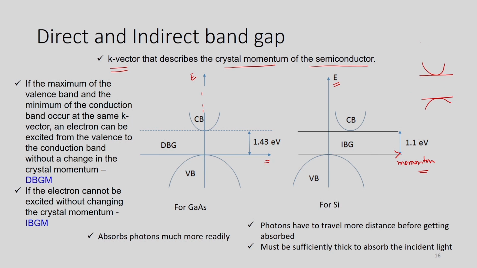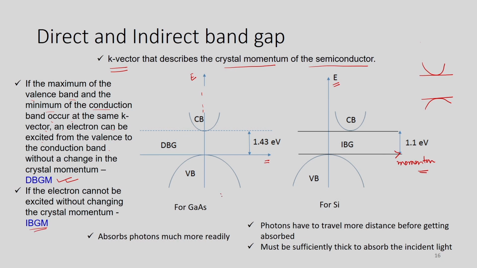If the maximum of the valence band and the minimum of the conduction band occur at the same K vector, an electron can be excited from the valence to the conduction band without a change in crystal momentum. This is known as a direct band gap material, and if the electron cannot be excited without changing the crystal momentum, it is called an indirect band gap material.